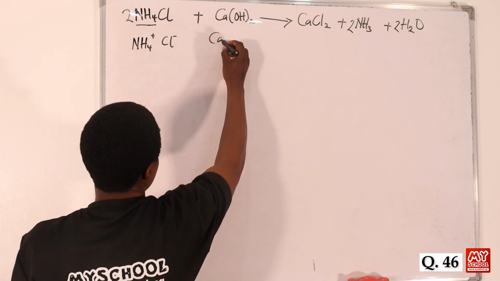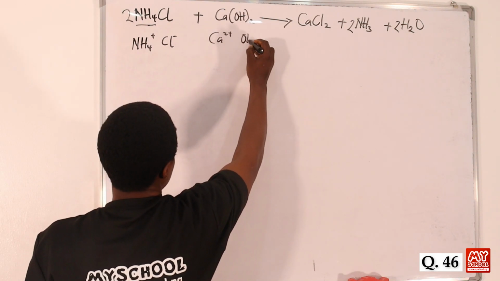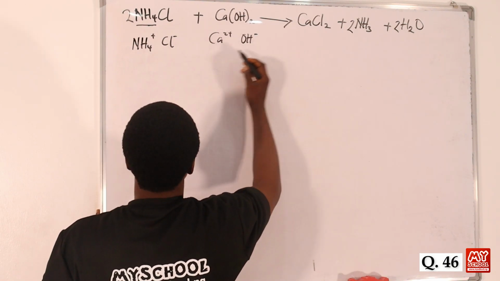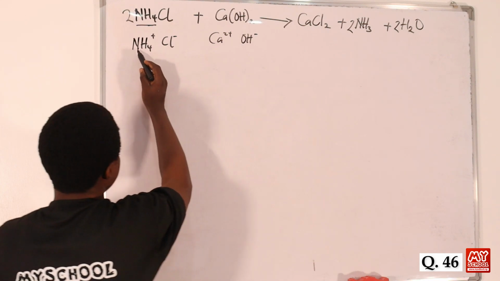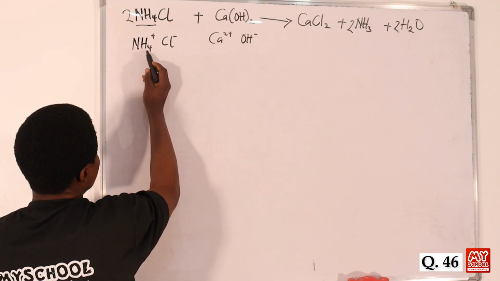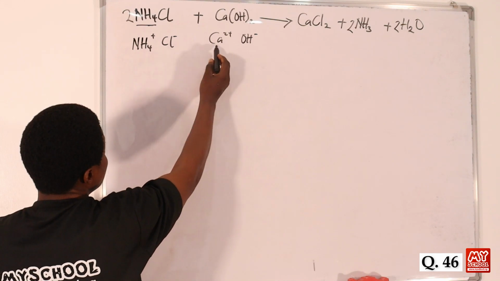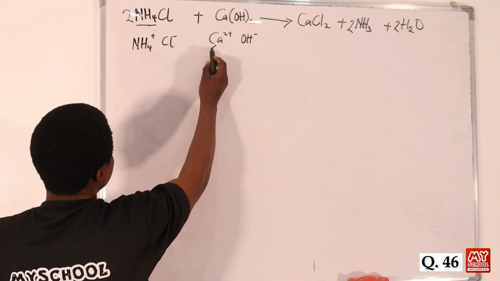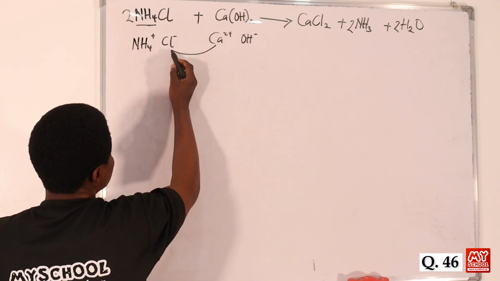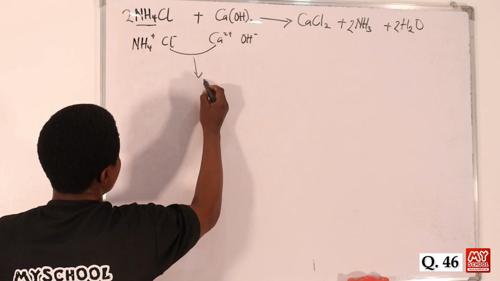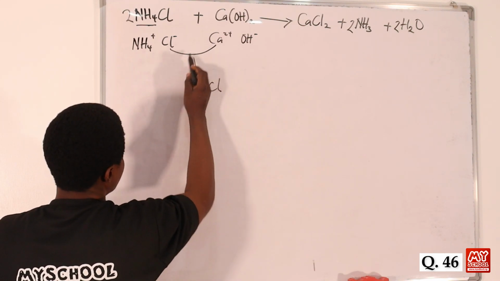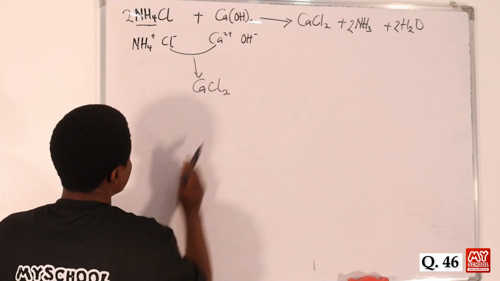Then you have calcium ion, that's 2 plus, and then OH minus. So the NH4 here, and this calcium here can react with this, positive and negative reacting together to form our calcium chloride, because this is positive two, so the two comes here.